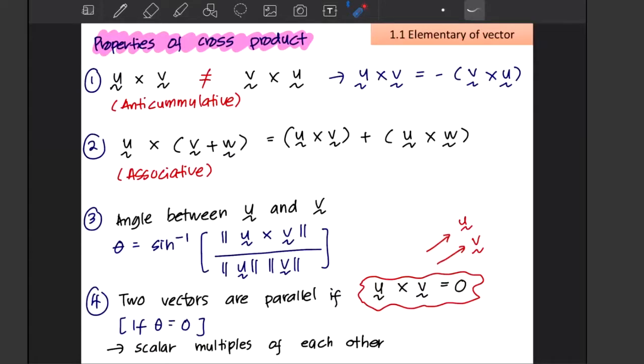Or they are scalar multiples of each other.